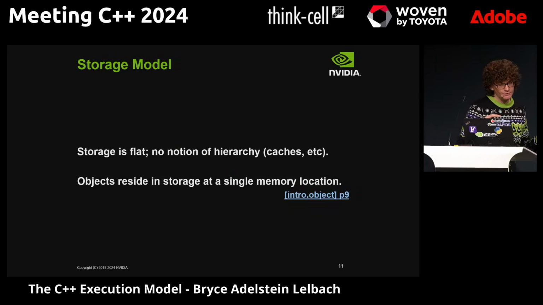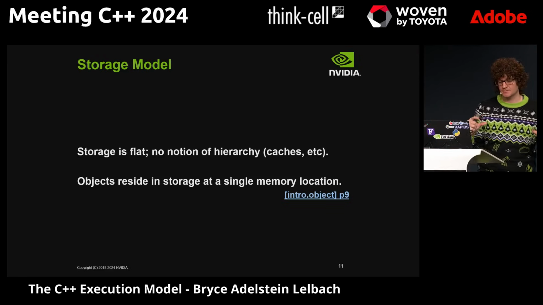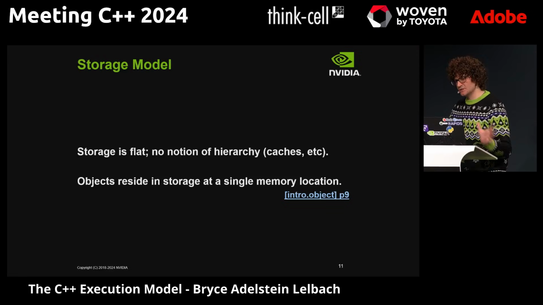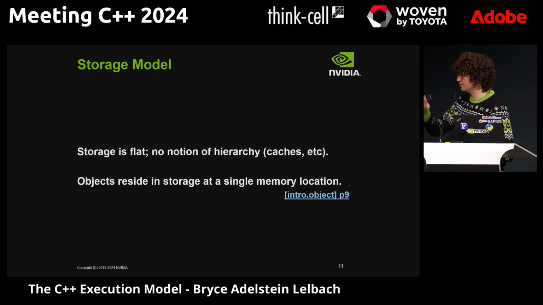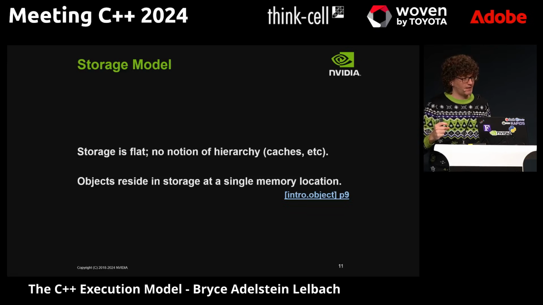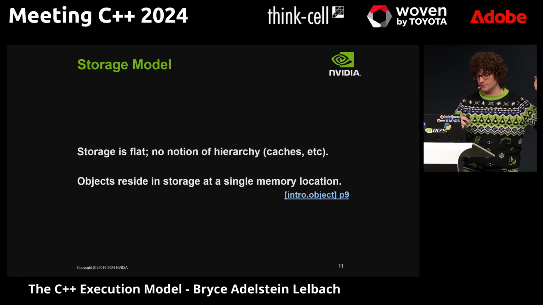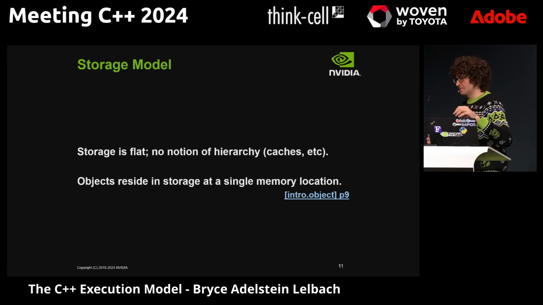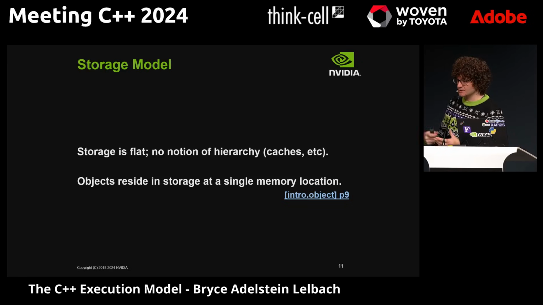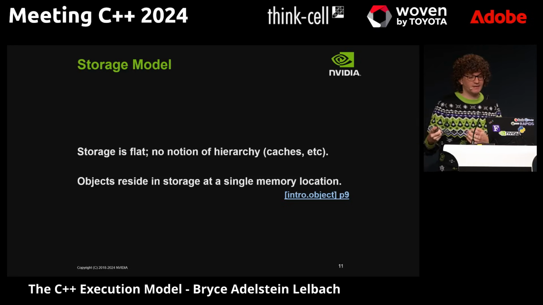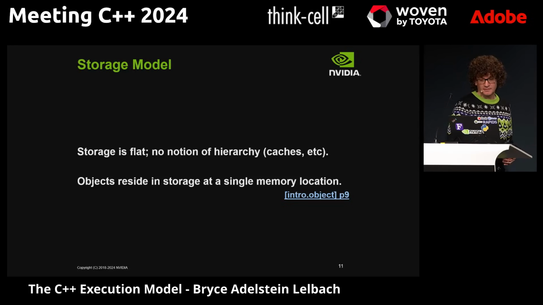There is no notion of hierarchy in the C++ abstract machine. There's no notion of caches, etc., or any form of hierarchical memory. Objects just reside in some flat storage at a single memory location. Every byte has a unique address, and no 2 bytes have the same address.